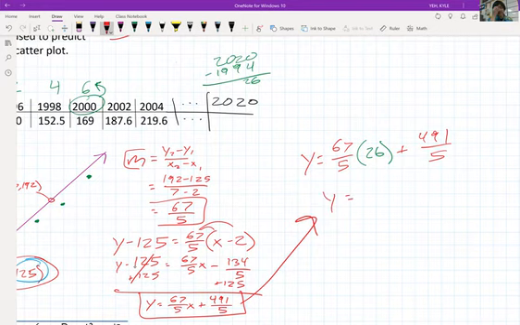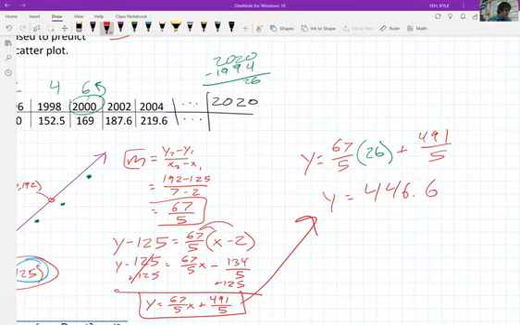And really, honestly, guys, I'm just going to pull out my calculator for this. 67/5 times 26, and then add 491 divided by 5, and we get 446.6. So what is that saying?